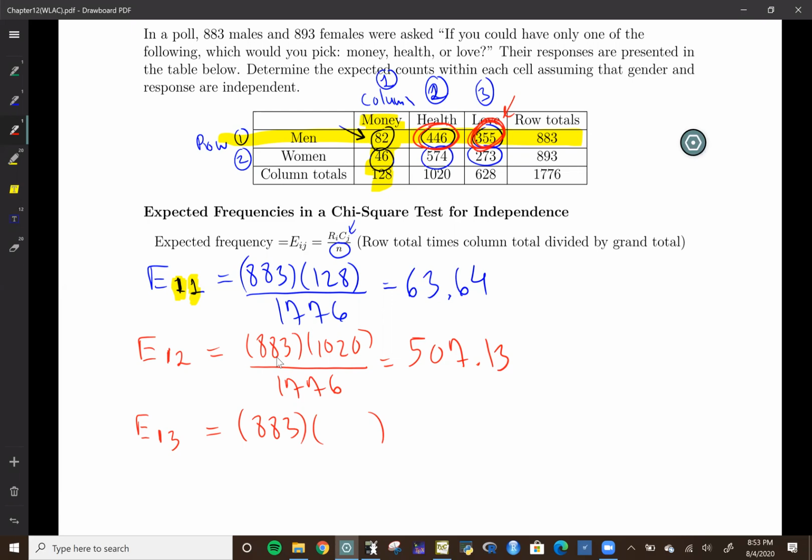Yeah, 628, perfect. And then you divide this by the total again. So if I do 883 times 628 and you divide that by 1776, we get 312.23.